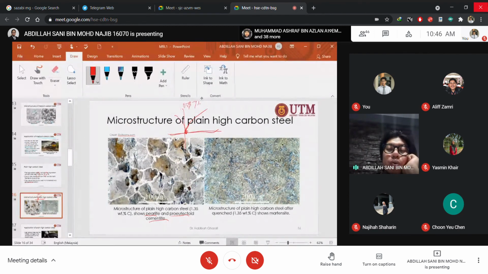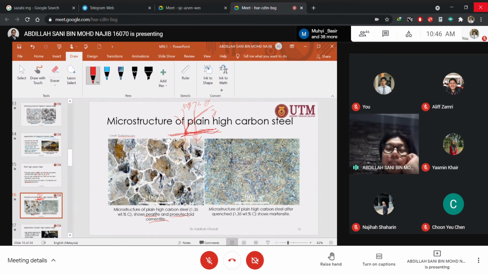If you have a higher amount of carbon, you will be in this range, and this is the eutectoid temperature. I hope you can imagine this situation in the phase diagram. So this is austenite here, and we have austenite plus cementite here.